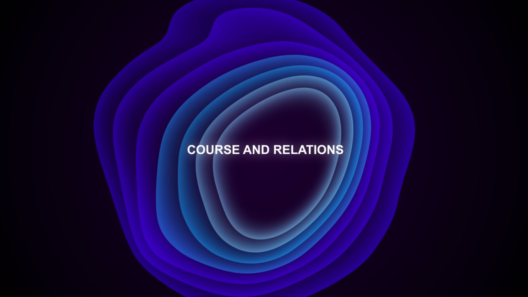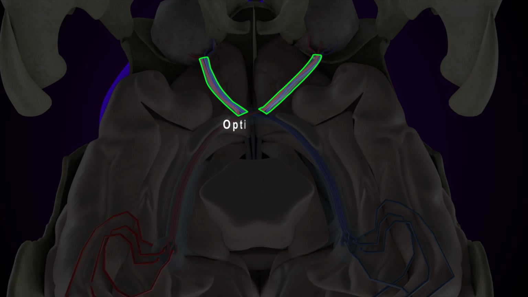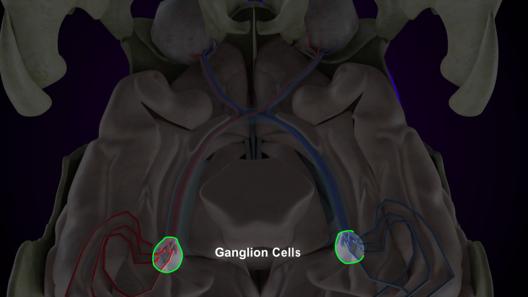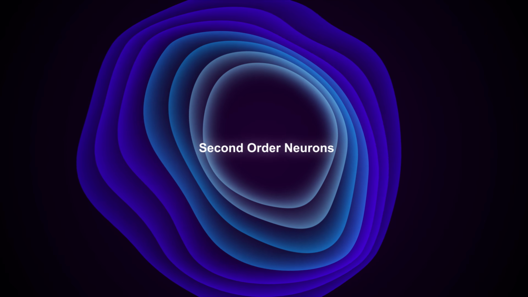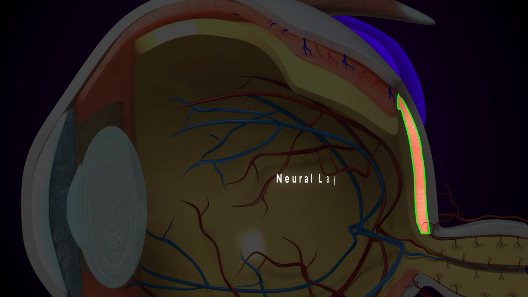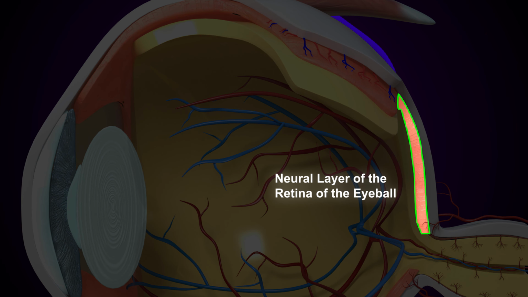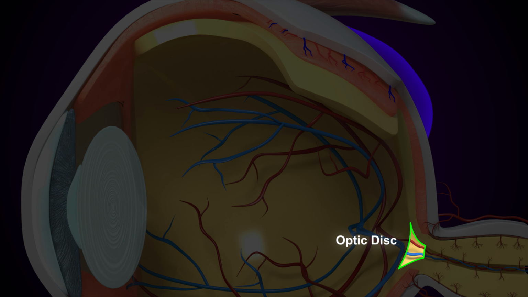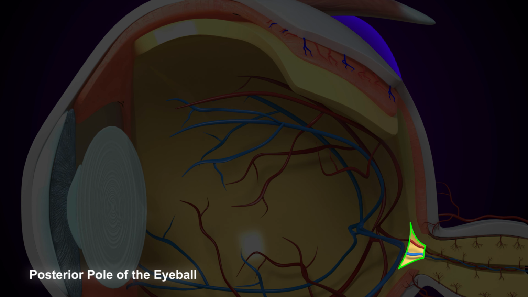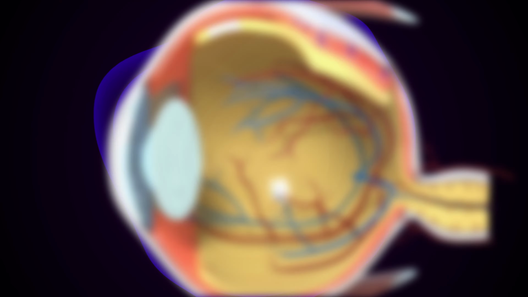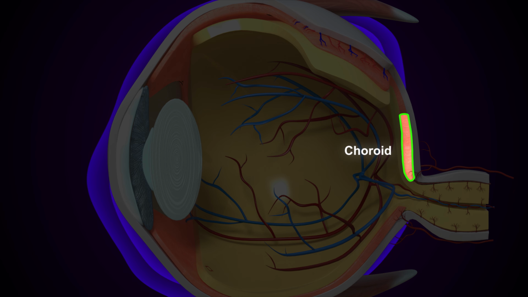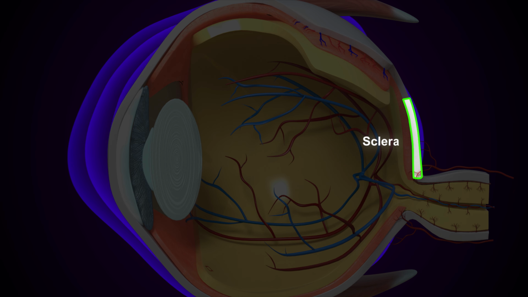Course and relations. The fibers of optic nerve arise from ganglion cells, second-order neurons, in the neural layer of the retina of the eyeball, where they converge towards the optic disc at the posterior pole of the eyeball and pierce the outer wall of retina, choroid, and sclera to leave the eyeball.